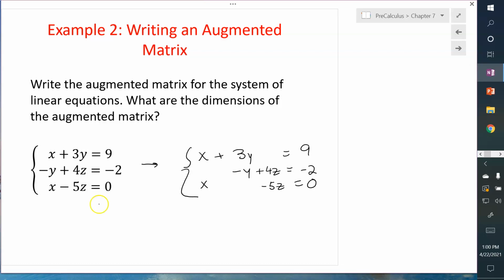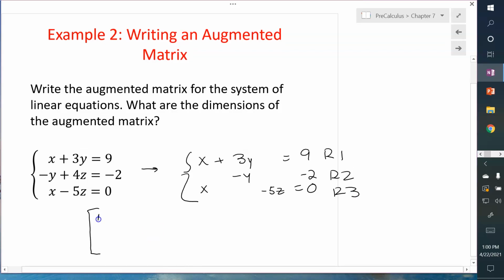All right, so now when I go to make this a matrix, I'm going to put in my bracket, and each row, row 1, row 2, row 3, gets a row in the matrix, and I'm just going to copy over the coefficients. For my first row, the coefficient in front of x is an invisible 1. I then have 3 in front of y. I don't have a z, so I'm going to put in a 0.